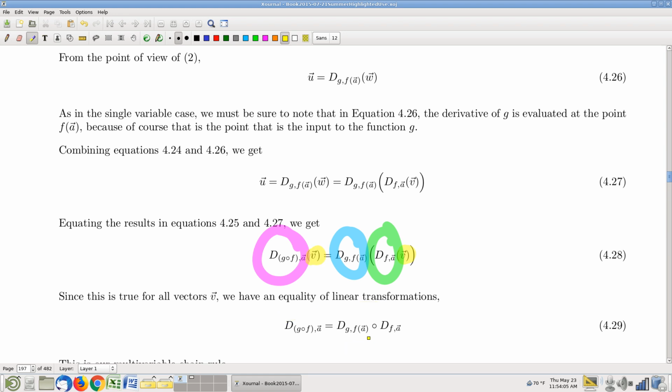Right. So looking at this equation, given my starting x velocity vector v, I can either apply df, and when I'm done, apply dg, or I can apply the derivative of the composition. Either way, I get the same result. Both of these give me the velocity of the z vector. Another way to say that is that these two linear transformations are the same.